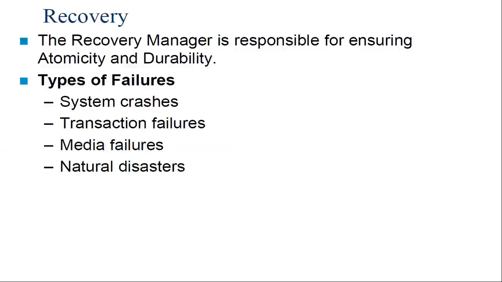We know what we mean by atomicity and durability. Atomicity means each and every transaction should be performed to its full completeness, or otherwise it should not be performed at all. And durability means when you perform a transaction with the data, once you commit and the transaction is over, the data should be updated properly.